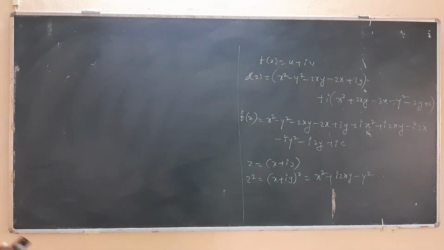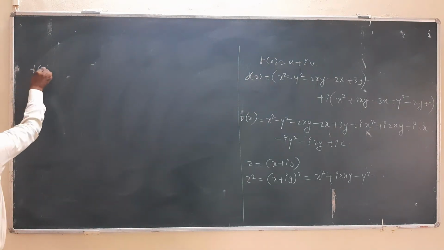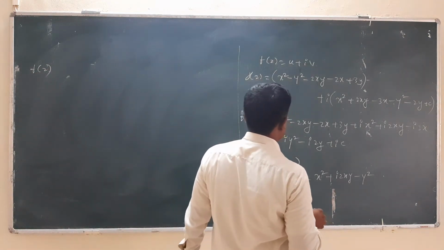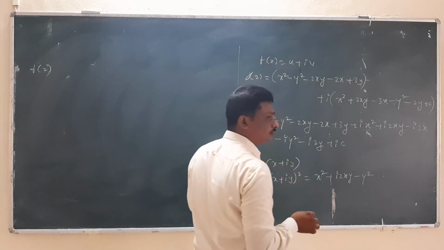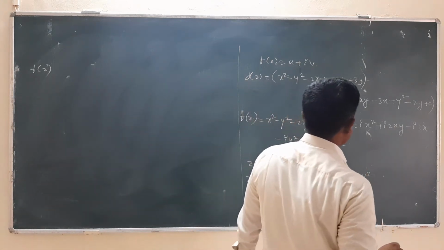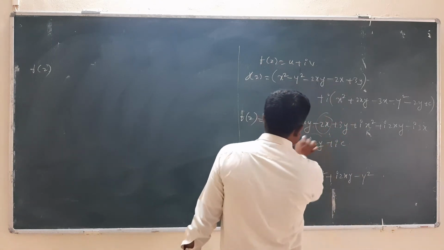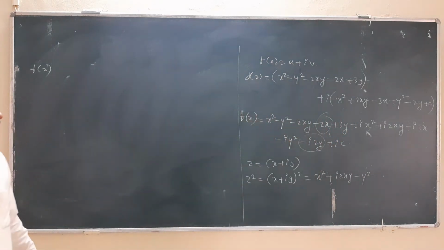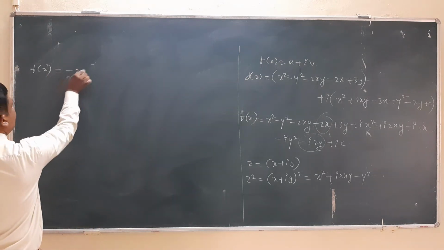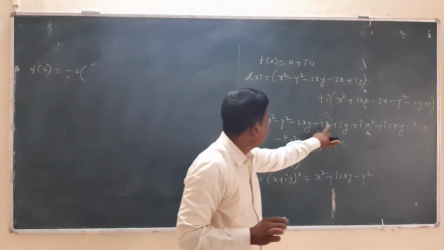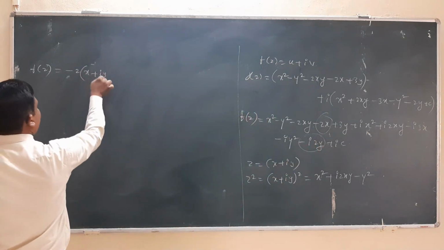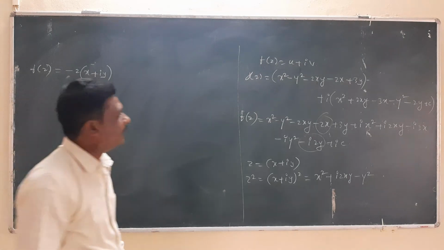I will arrange terms like this. f of z is equal to, we can see here we are having minus 2x and here we are having minus i into 2y. If I take minus 2 as common, the remaining is x plus i into y.